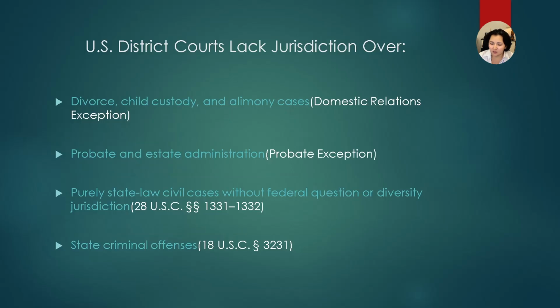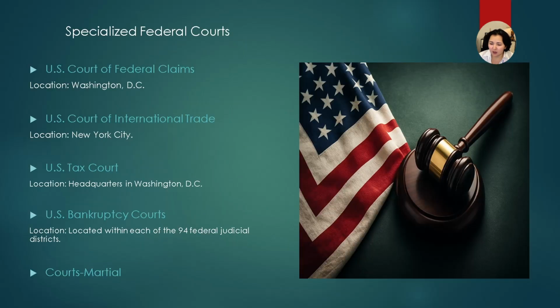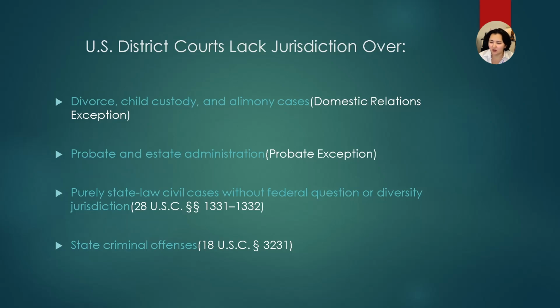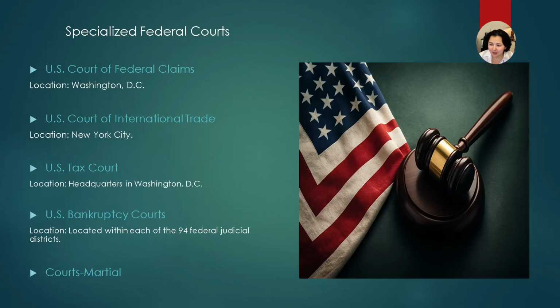Specialized courts have non-geographical and nationwide jurisdiction. For example, the Court of Federal Claims is nationwide, and the Court of International Trade is located in New York City but has national jurisdiction. Tax Court sits nationwide. Bankruptcy courts function within the 94 districts. Courts-martial operate by personal jurisdiction.